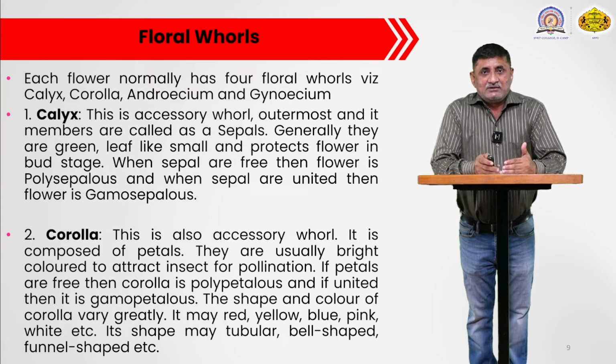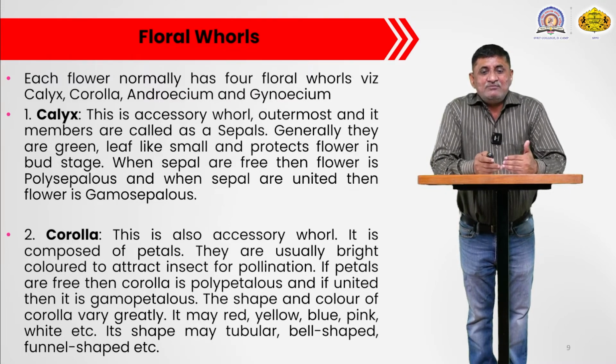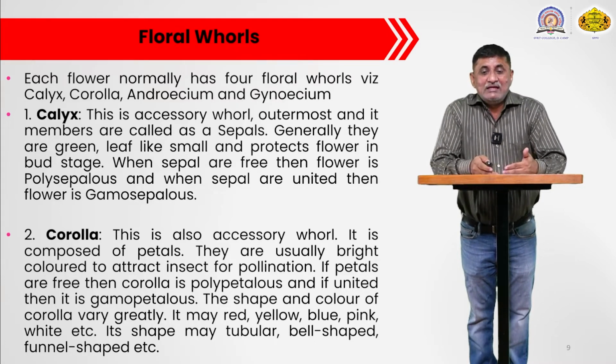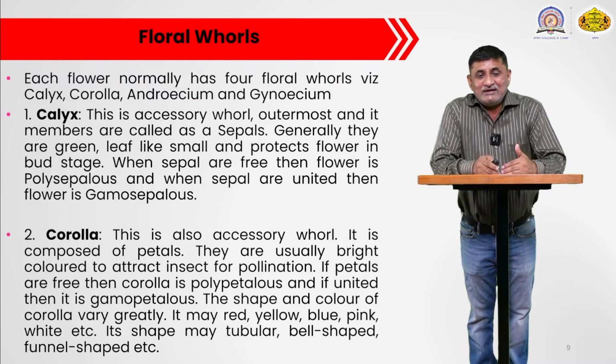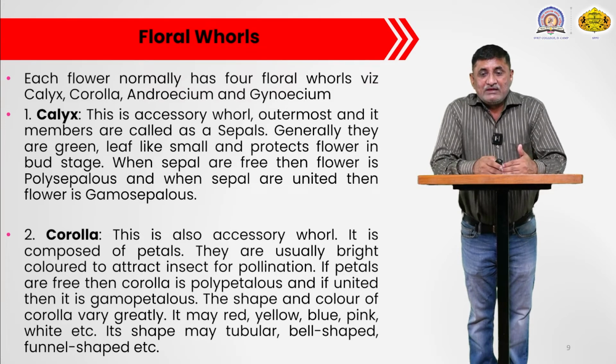Like the calyx with its sepals, if petals are free in a flower, then such a corolla is called a polypetalous corolla. And if petals are united, then such a corolla is called a gamopetalous corolla.